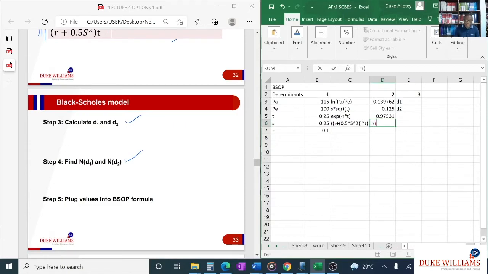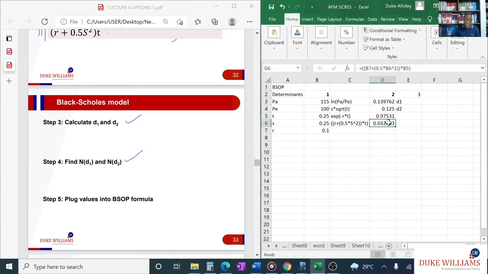So an R, then I add on 0.5, multiply that 0.5 by the square of S, so raised to the power 2, and then close it, and then multiply this by the T, close it again, and that should give me this figure.